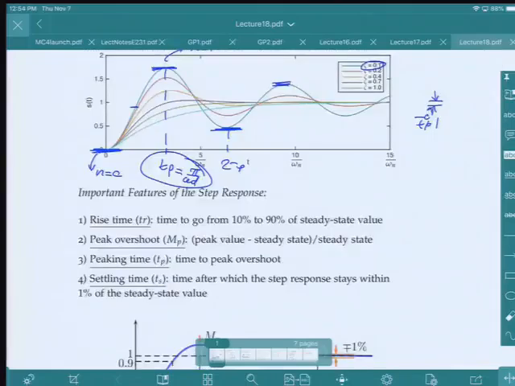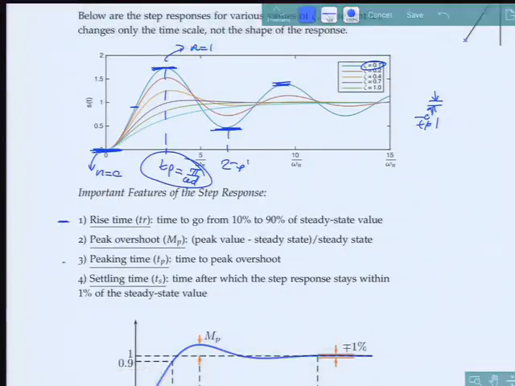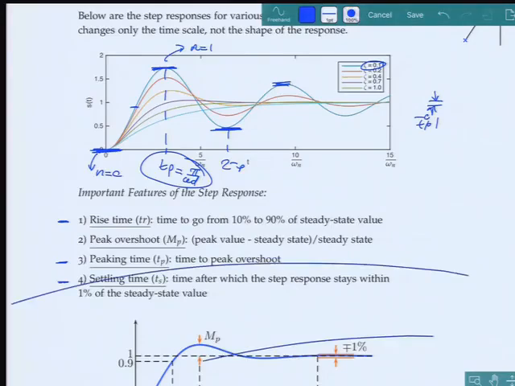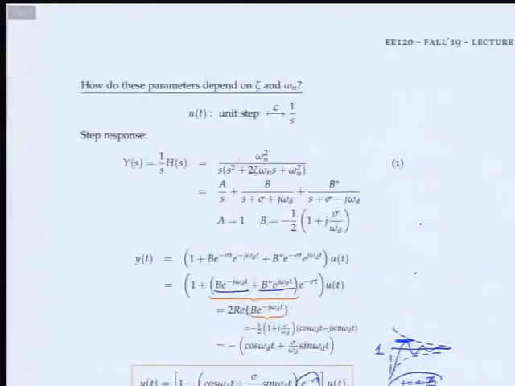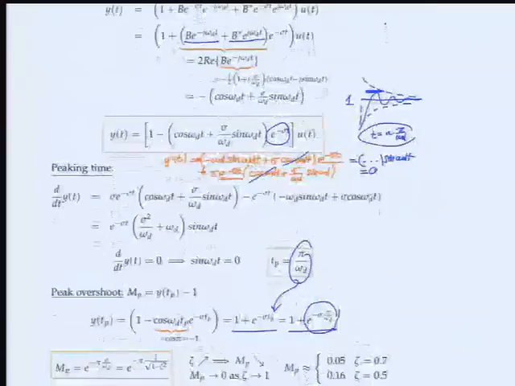Anything that has to do with time, and what are the parameters that depend on time? Rise time, peak time, settling time. In all of those, you should see a factor of omega n, right? All of them should depend on omega n, because omega n just stretches or compresses the step response, right? And indeed, if you look at Tp, you have omega d in the expression, and of course omega d depends on omega n, right?